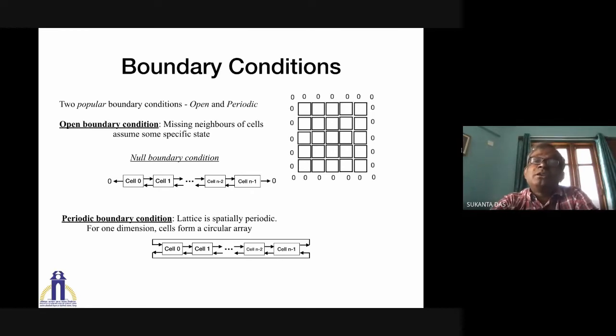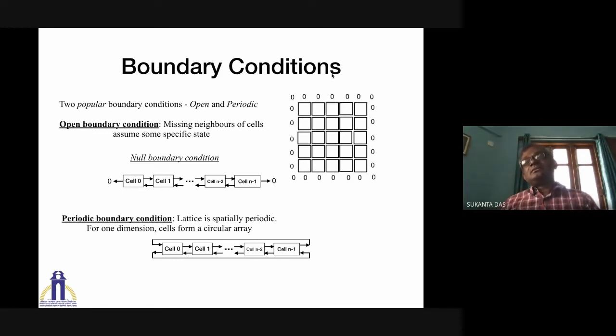So open boundary condition means, in the right hand side I give one example of this here. In open boundary condition, what does it mean? It means that it opens at the boundaries. After the boundary there is no other cell, right?